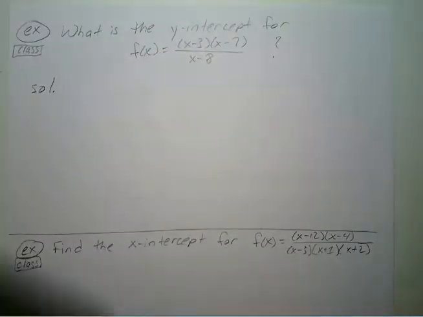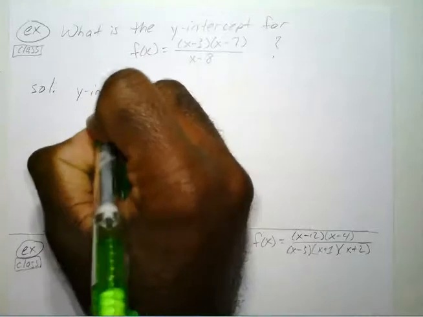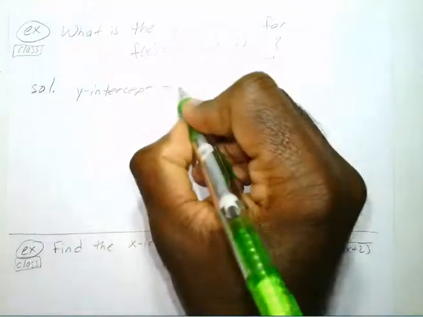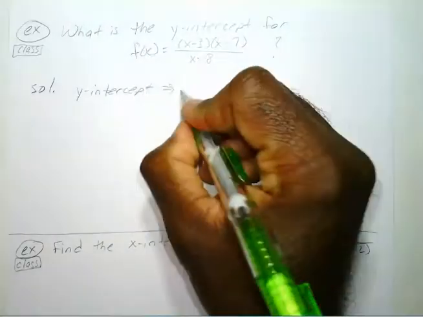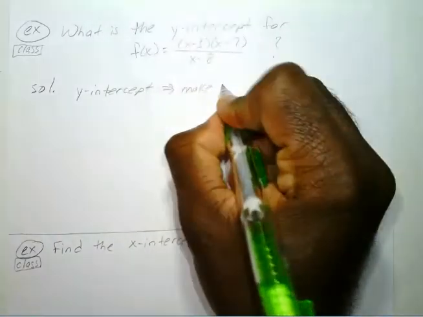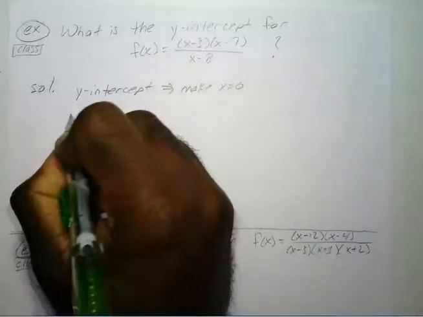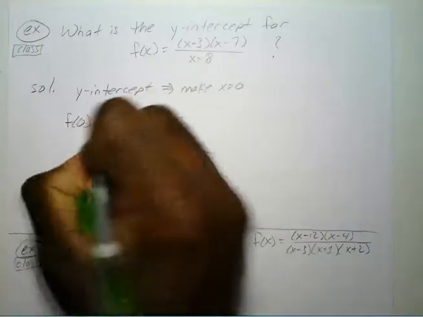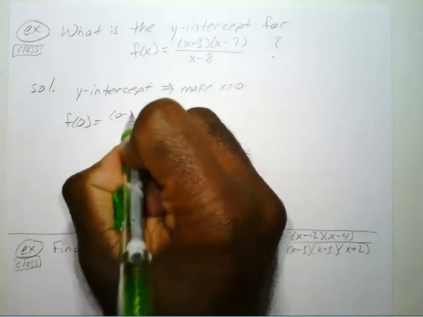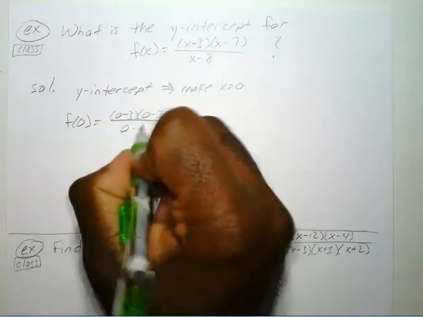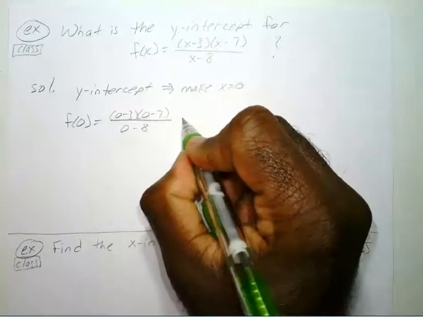For your y-intercept, you make x equal 0. So f of 0 is equal to 0 minus 3, 0 minus 7, all over 0 minus 8.